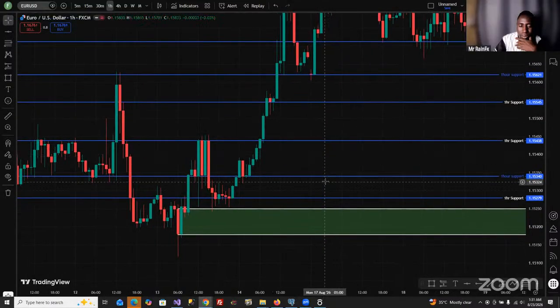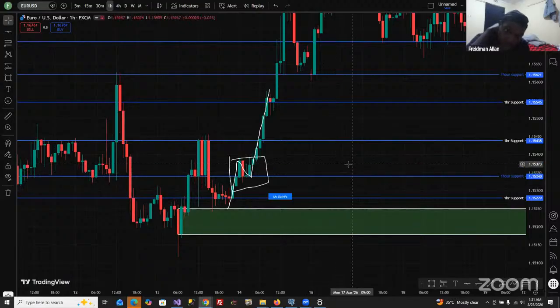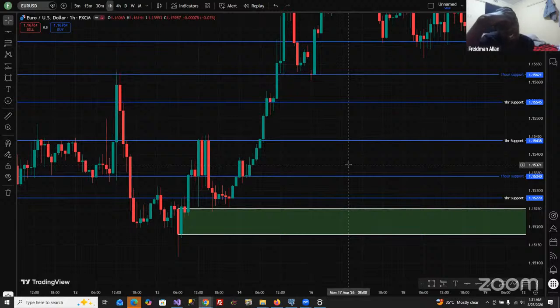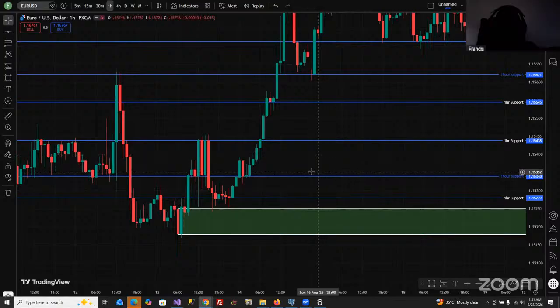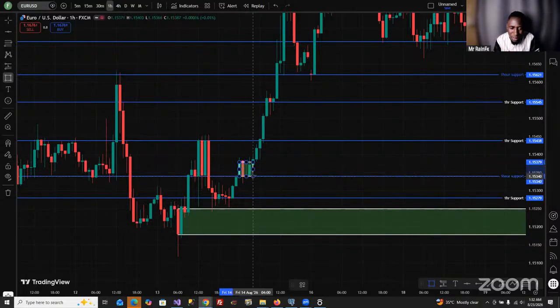So what is this? Here. That's a demand zone. You can decide to put a base there. You can either draw the zone or put a line. It's still okay. It depends on what you like. If you like it, you can put a zone.